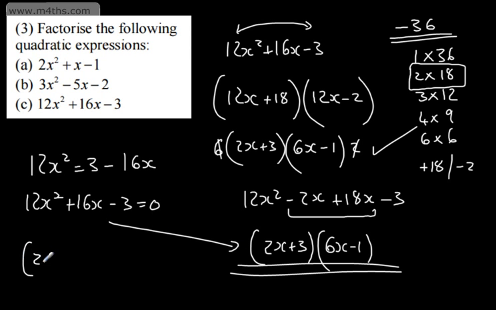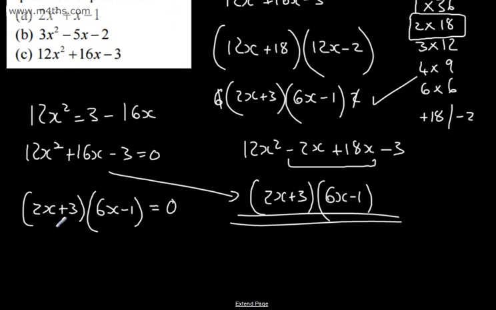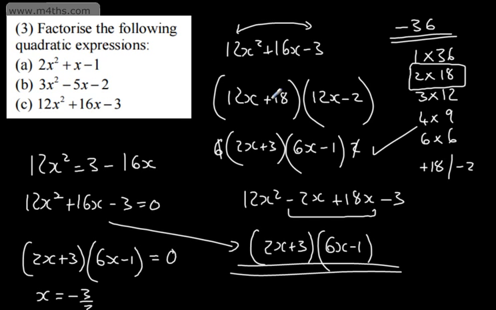That would give me 2x plus 3, 6x minus 1, equal to 0. So either 2x plus 3 is equal to 0, or 6x minus 1 is equal to 0. So if 2x plus 3 is equal to 0, x is equal to negative 3 over 2. If 6x minus 1 is equal to 0, x is equal to positive 1 over 6. We're not asked to do that because they're only expressions. They're not yet equations.